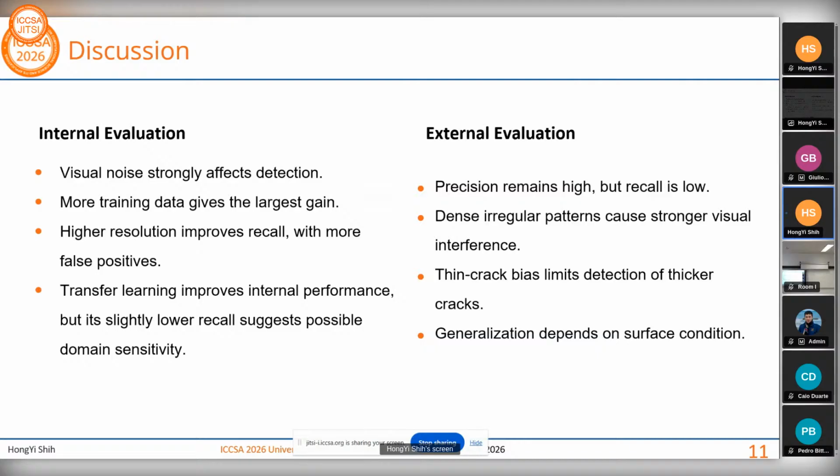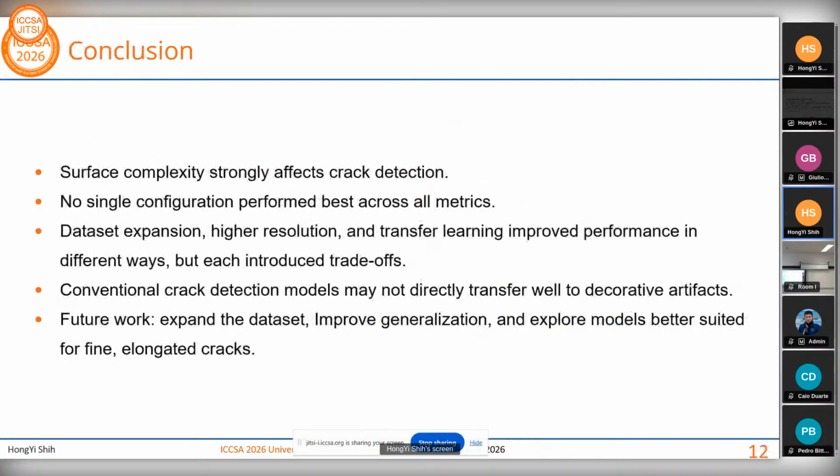However, in the external evaluation, it cannot recognize different crack types, and it still has a limitation on unseen or highly complex patterns on the artifact. So the generalization of the trained model depends on different surface conditions.